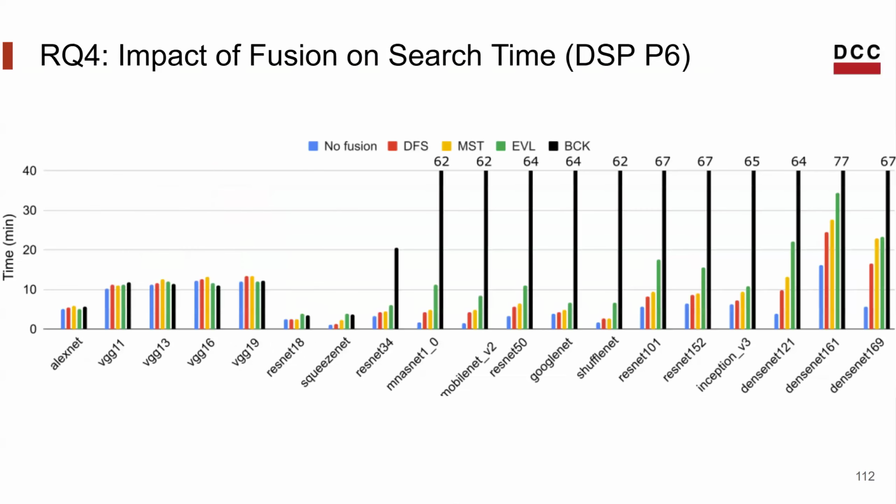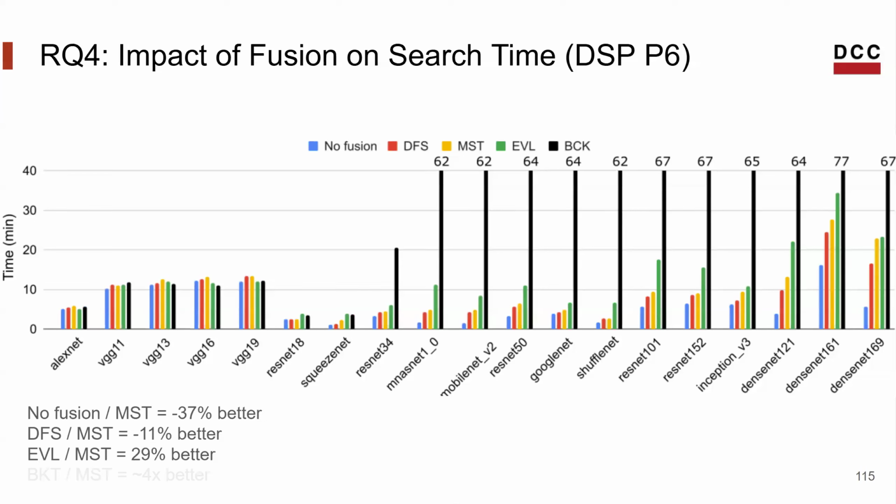And when we compare the search time, our solutions only have a small delay compared to the DFS, on average around 11%. In numbers, we had a delay in relation to no fusion of around 37%. In relation to DFS, we had a delay of 11%.